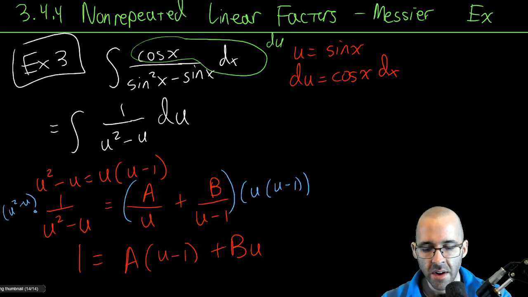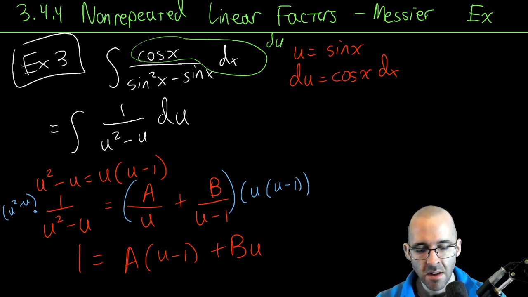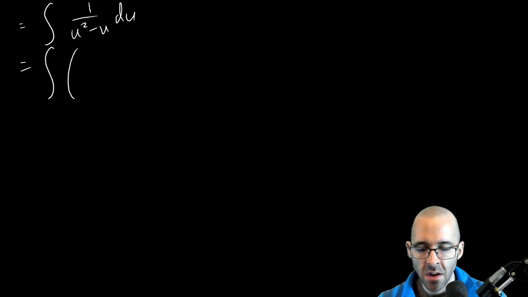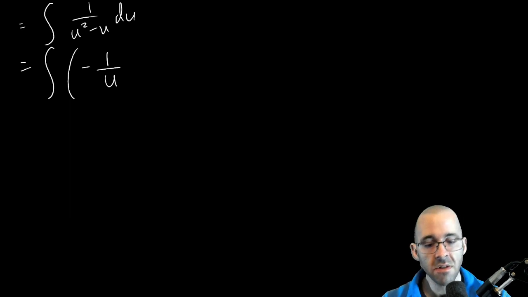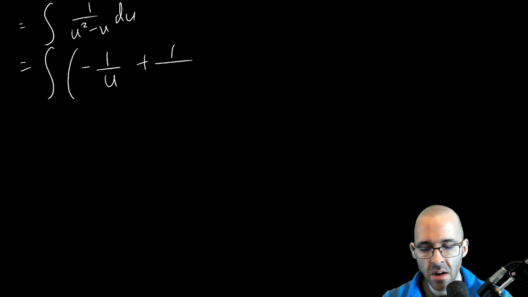So that tells us that our original integral is the integral of cosine over sine squared, minus sine, which is 1 over u squared minus u, which we just showed was a, -1, over the first factor plus b, +1, over the second factor.